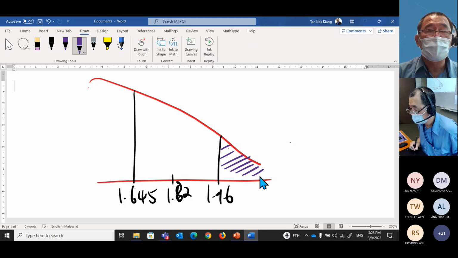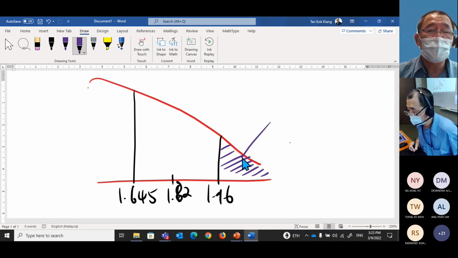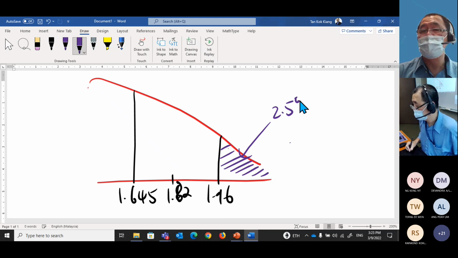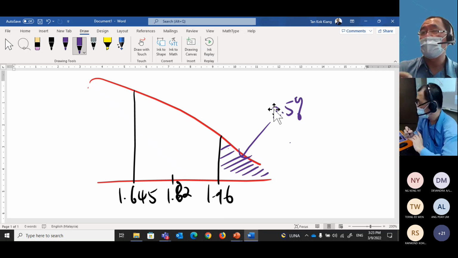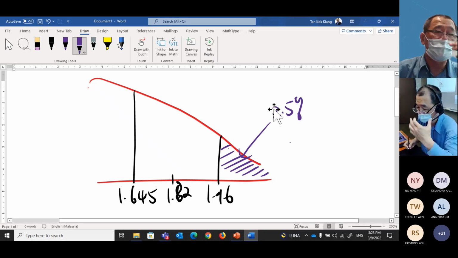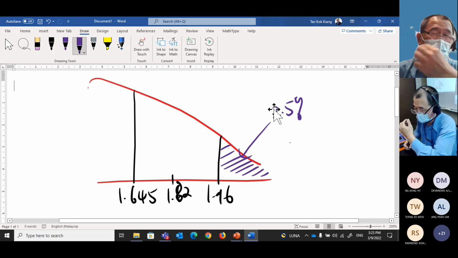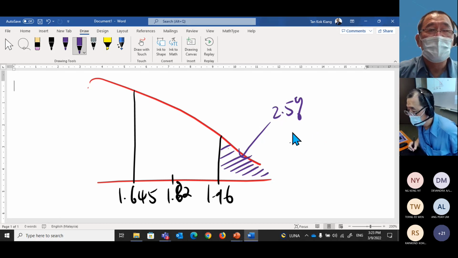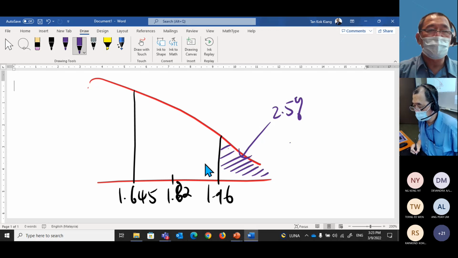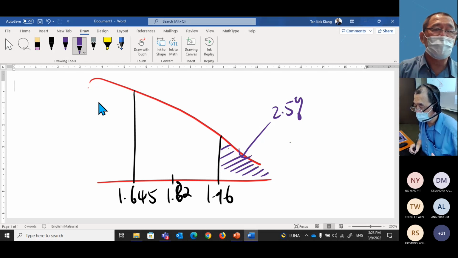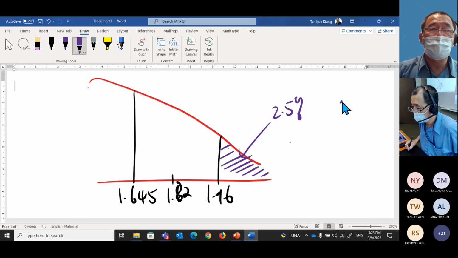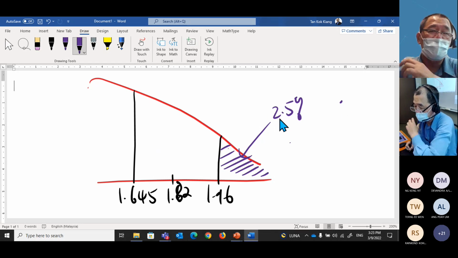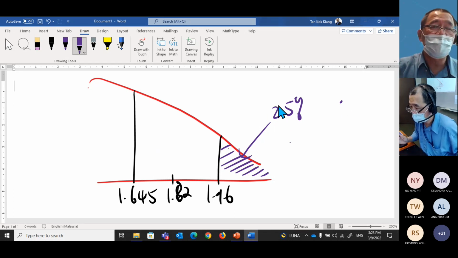This area actually represents 2.5%. Remember, 2.5%, the purple color. Of course, we should actually use two sides, therefore we get 5%. But we say 2.5%, we only use one tail, therefore 2.5%.